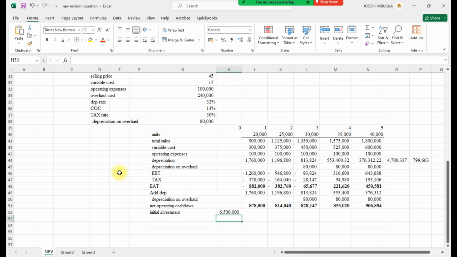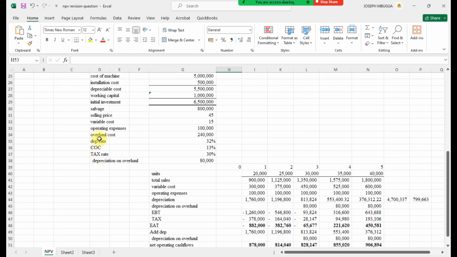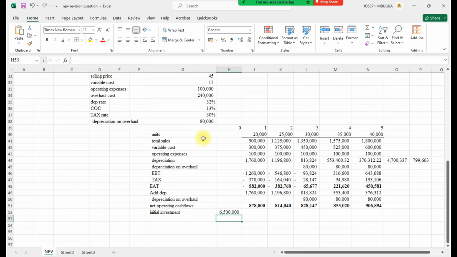And remember we had an overhaul cost happening at the end of year 2. So in year 2 we shall have to minus the overhaul because it will be discounted in year 2. It is an investment cost that is deducted after getting our operating cash flow, because that is an investment that we shall incur in year 2.